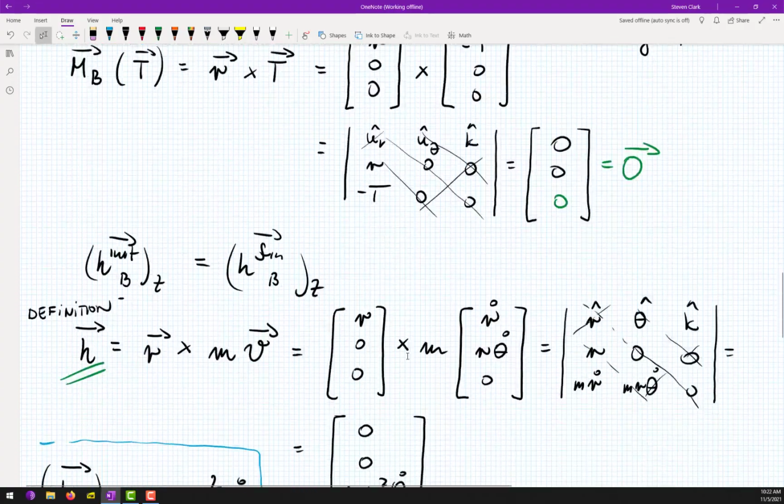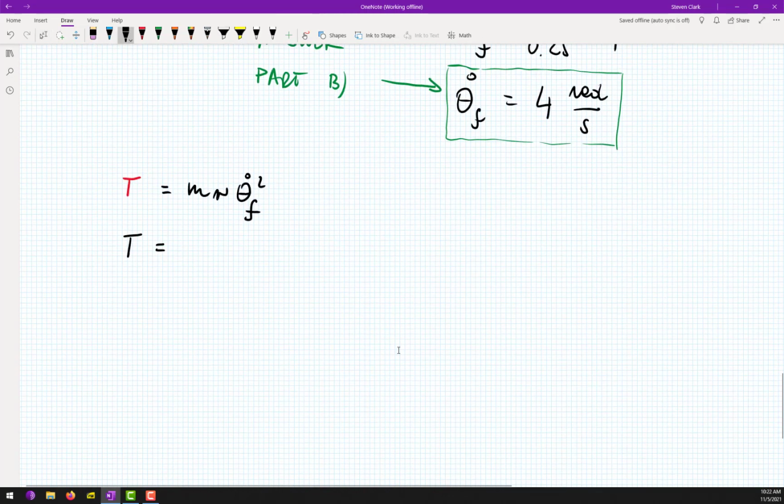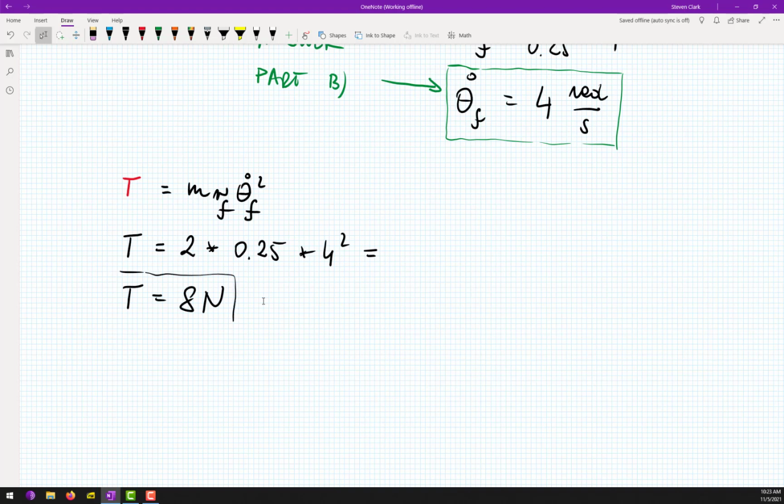Okay, thank you. 2 times 0.25, because this is also R final, yes? Times 4 squared. Grab your calculators and obtain that our T is equal exactly to 8 newtons. And this is the answer to part A. Okay, end of example.